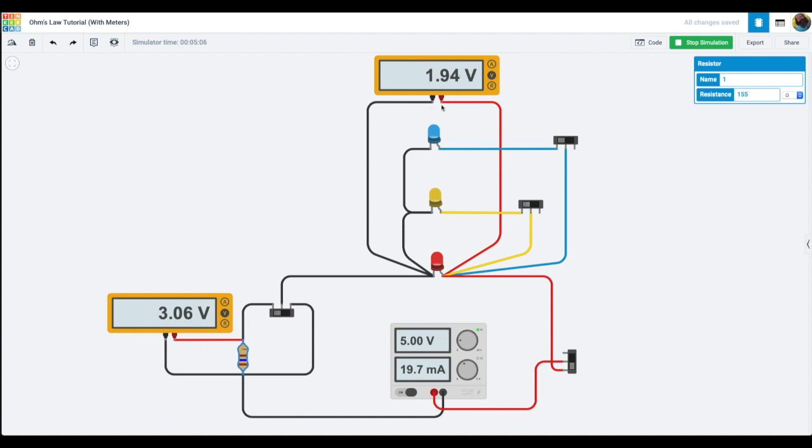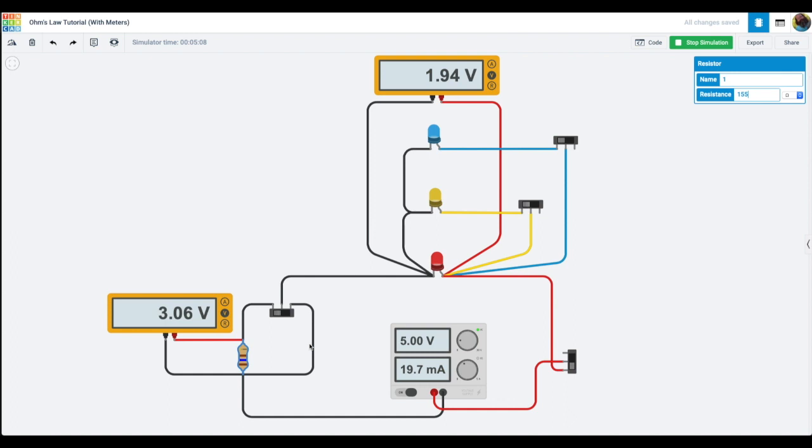Now, I don't know why this is different, but anyway. Actually, the reason why that's different is because through a circuit, current remains constant. As you can see down here on the power supply, it's 19.7 milliamps, and we don't know what the resistance is across the LEDs. Those LEDs do have some resistance, and that's what causes them to light up.